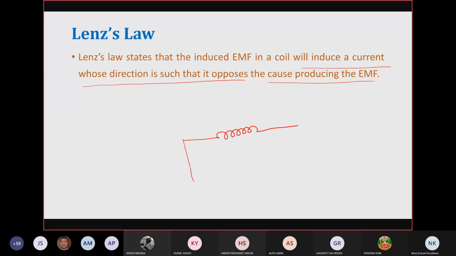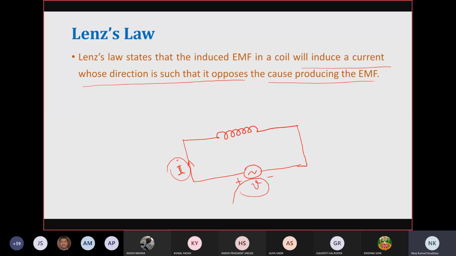Suppose we are exciting this inductor or coil with the help of some external EMF, sin omega t, let us consider that. When the circuit is completed, a current will start flowing through this circuit. Suppose i is equal to Im sin omega t. This is time varying. We have considered the AC voltage source, due to which an AC current will flow through the circuit.